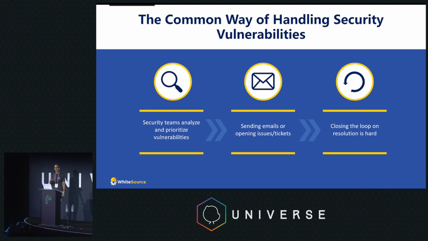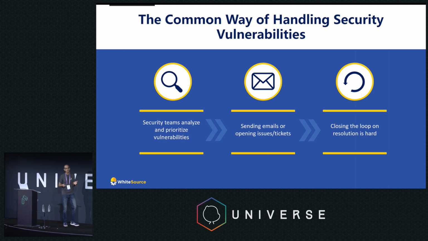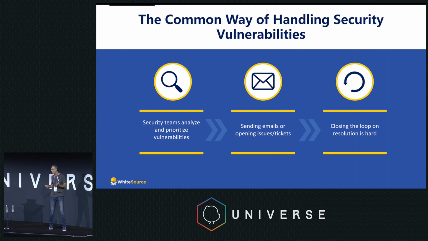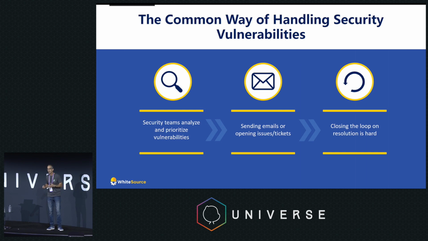So I'm sure that you're all aware of the way security vulnerabilities are handled today. Usually you will find the security teams monitoring your systems, assessing your code for security issues using various tools.